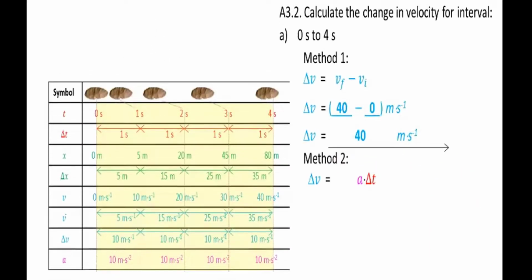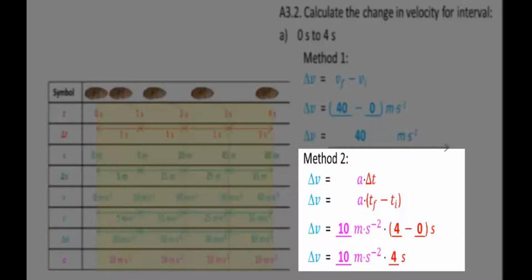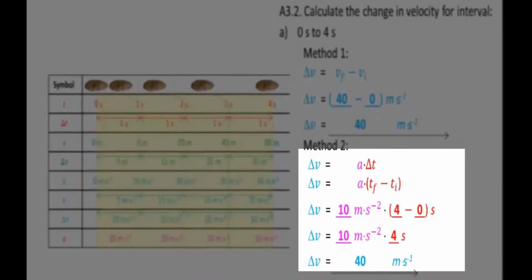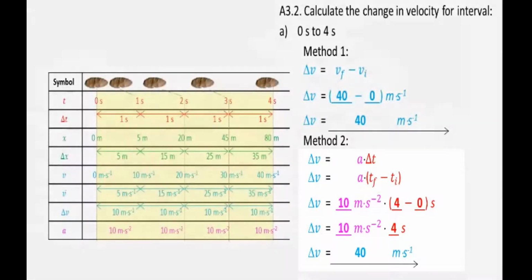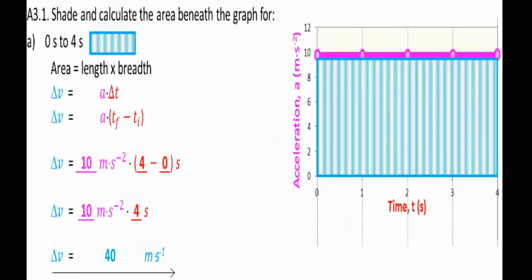Delta t is t final minus t initial. Acceleration for this motion is 10 meters per second squared. For this interval, t final is 4 seconds, t initial 0 seconds, so the duration of time 4 minus 0 is 4 seconds. 10 meters per second squared multiplied by 4 seconds is 40 meters per second. We find the same answer with each of these two methods, and it's the same answer as we found when we got the area underneath the graph.